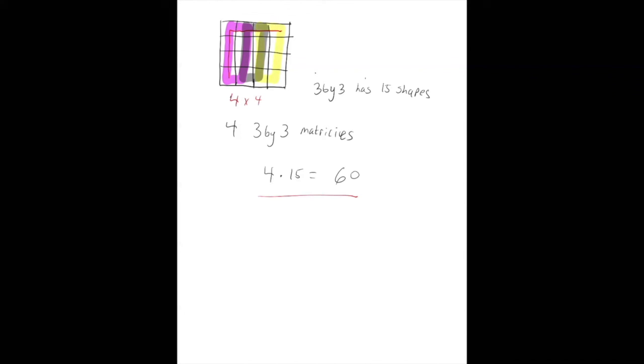And so we can count these. It might be difficult to see, but we got 3 vertical shapes that we haven't seen before, because these are 2 by 4s. Those are, and we couldn't get those from counting 3 by 3s or 2 by 2s.